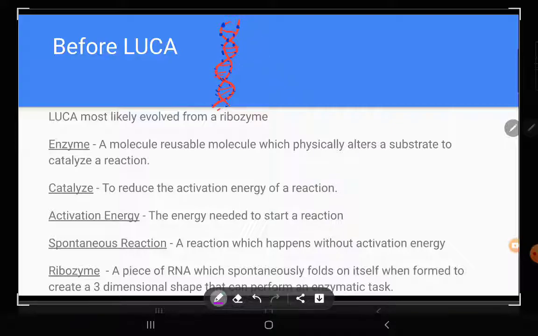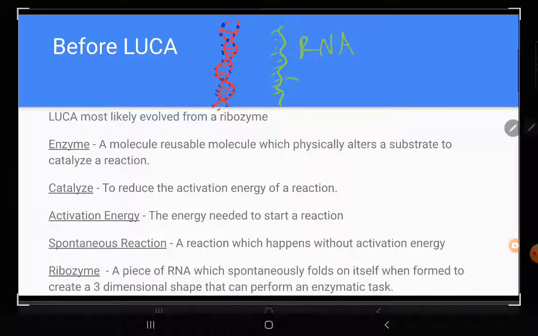Most likely, what came first was DNA's close cousin, RNA. The first thing you'll notice is that RNA is only single-stranded.